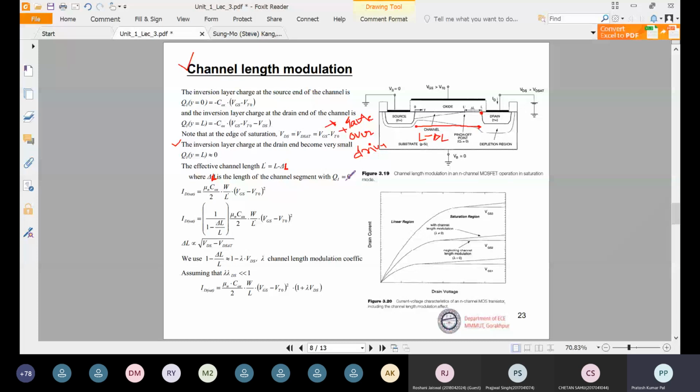Then at that point the saturation current will be given by mu n COX by 2, W by L, (VGS minus VT0) squared. ये हमारा generalized equation है.